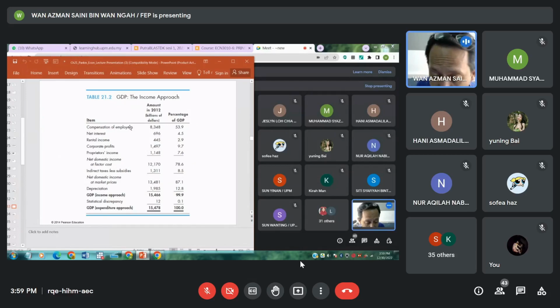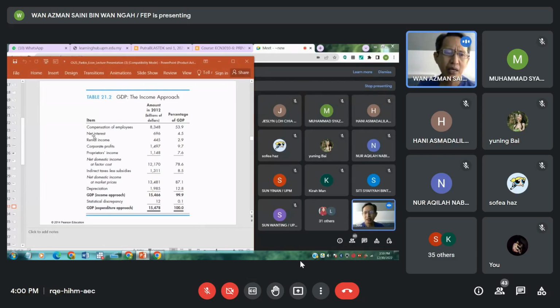This is what employees get, those who work for others. This is the biggest component. 53% is income received by the workers, like me. I'm working for UPM. So my income is part of this.